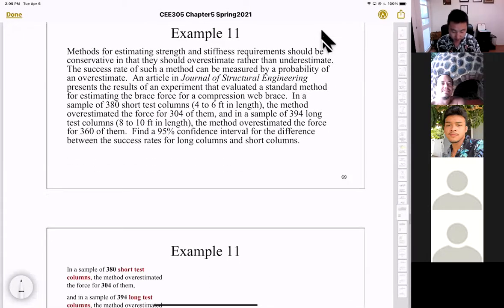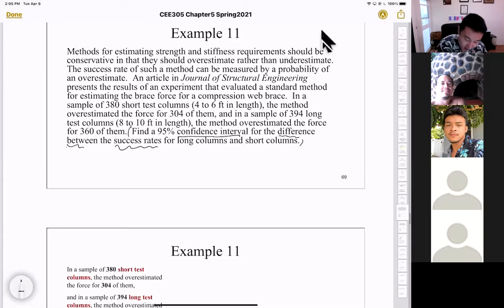As I said, try to look at the last sentence to figure out what the question is asking, and you can zoom in on which set of equations to use. Here, it is a 95% confidence interval, and you know this is chapter 5. Then the difference between success rates.